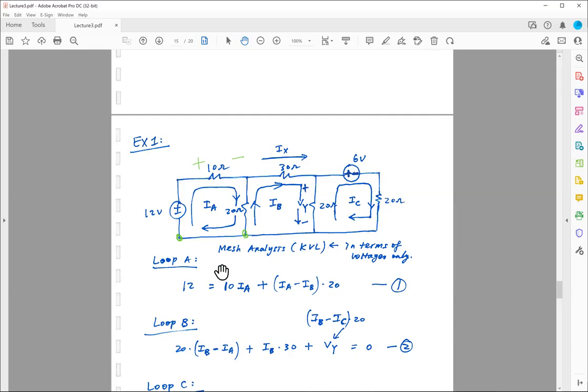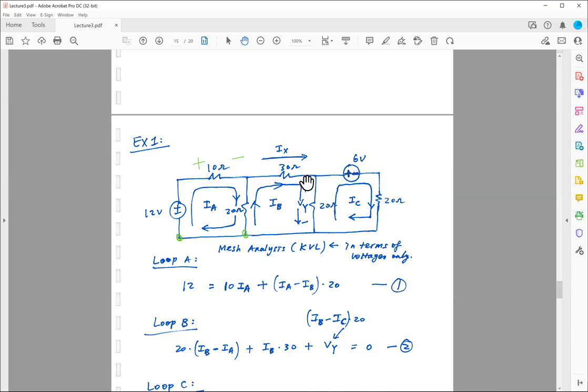plus, because I'm using KVL summation, plus IB times 30, plus Vy, where Vy is equal to IB minus IC. Again, IB is more dominant than IC, so the net current flow is going to be flowing in the direction of IB.